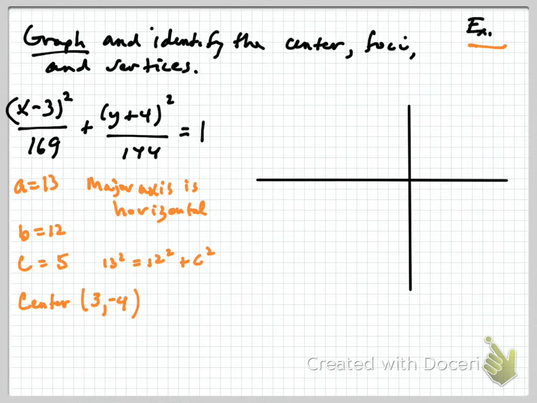All right, let's plot these points. I think I want a different color. Let's do green. The center's at 3, negative 4. So that point is my center. One, two, three, 4. I went too far again. Okay, it's right here.